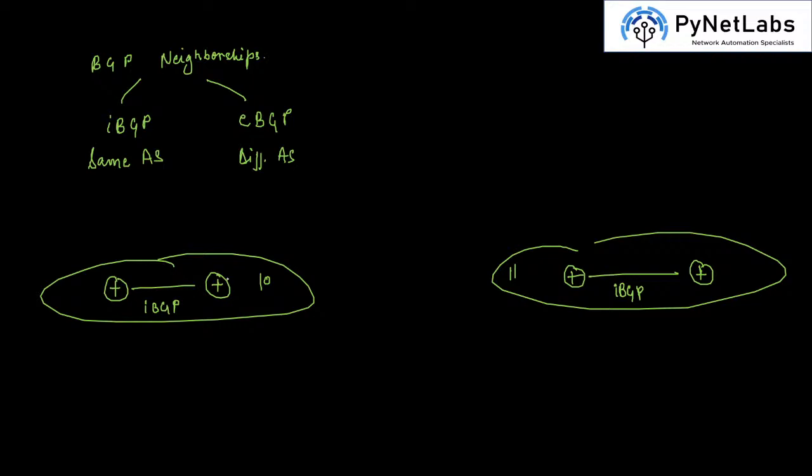Now when I connect this particular router from AS10 to this router from AS11, this is going to be an eBGP neighborship. So when the neighborship is happening between 2 different autonomous system numbers, it is going to be eBGP, and when it is happening within the same autonomous system number, it is going to be iBGP.